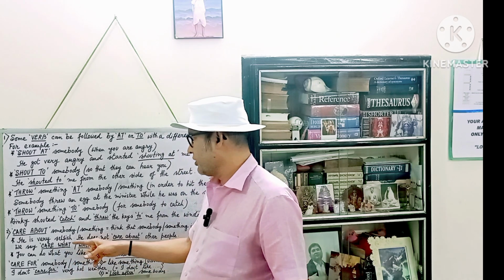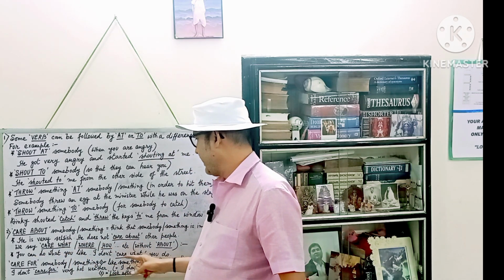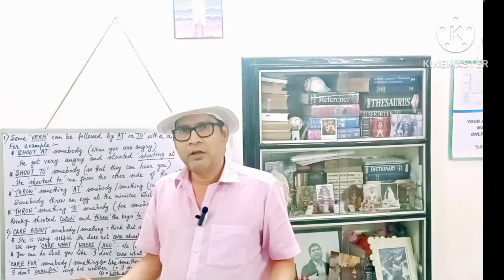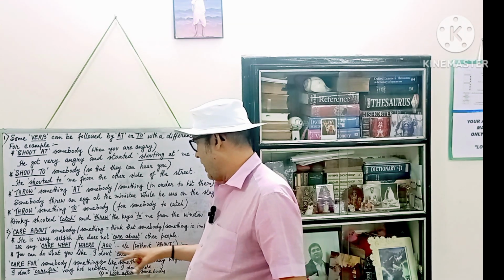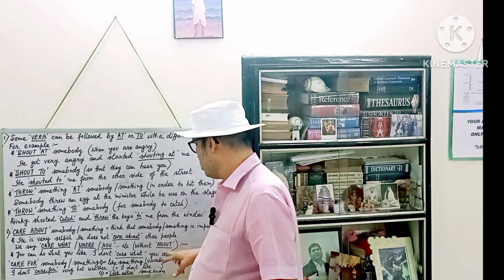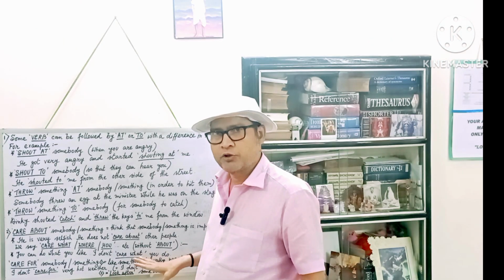Let's look at the example sentence. You can do what you like. I don't care what you do. That is, here you see, I don't care what you do. Why? What you do is the WH clause. That's a nominal clause.